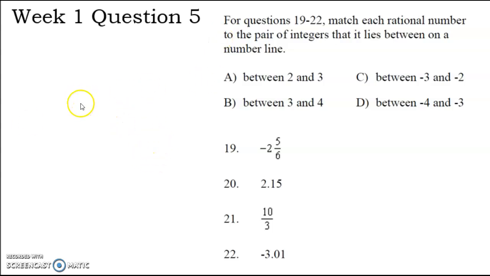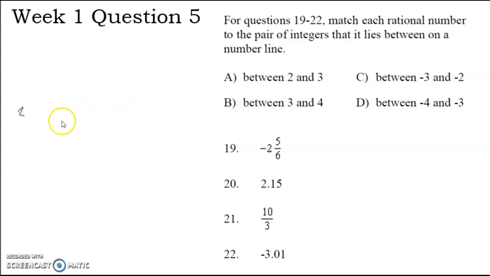Okay, let's do another one. So this is week 1, question 5. For these ones, match each rational number to the pair of integers it lies between on a number line. So I am definitely going to create a number line here.